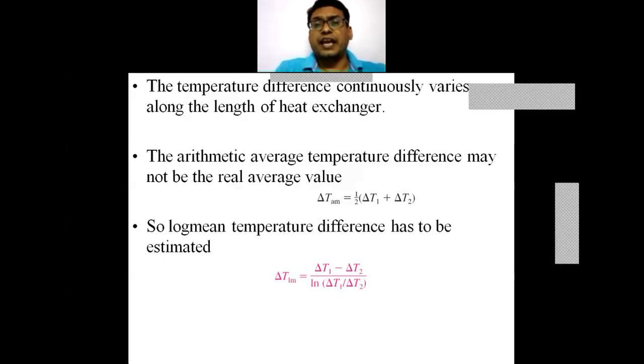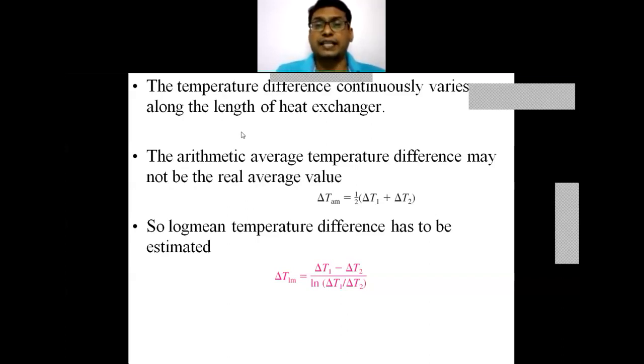The arithmetic average temperature difference may not be the real average temperature difference for the calculation of the Q value. So the calculation of Q, the amount of heat transfer, is going to be very crucial, as this temperature difference is going to change.